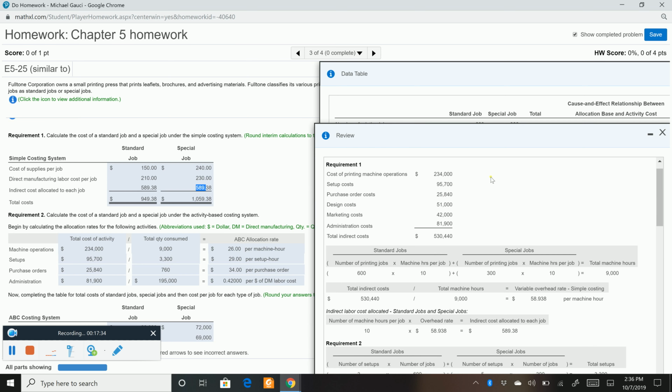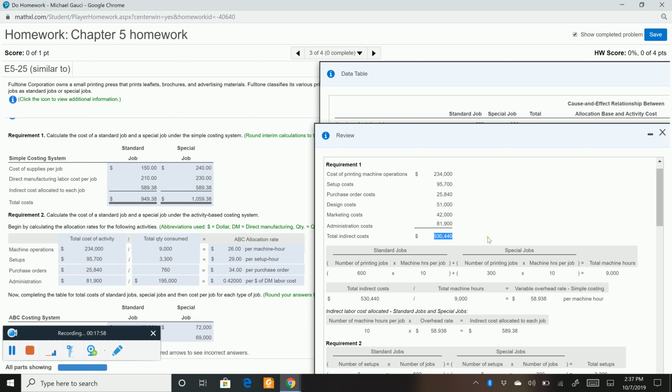Anyway, the list is here. So we add up all of our indirect costs that were given to us. It came to a total of $530,440. And what we need to do is take that $530,440 and allocate that using one cost driver.